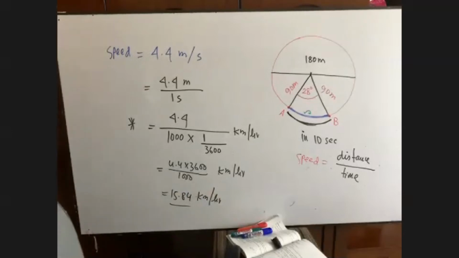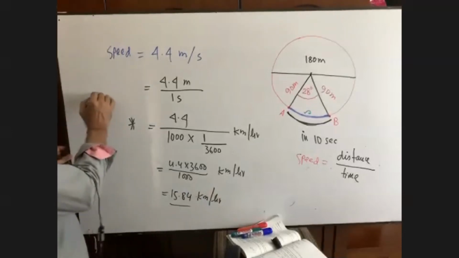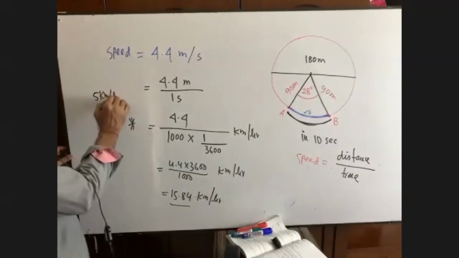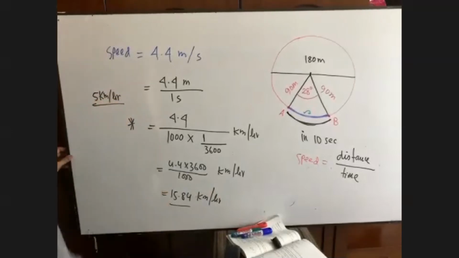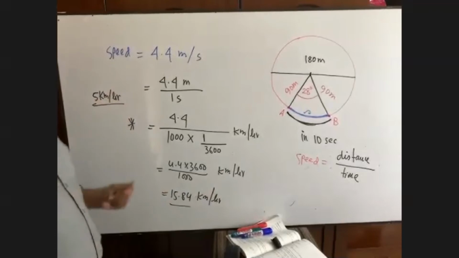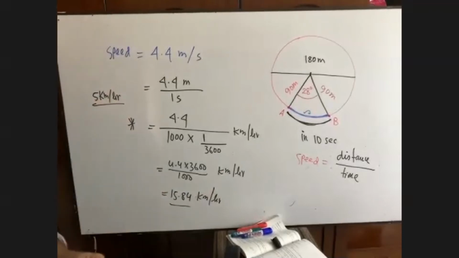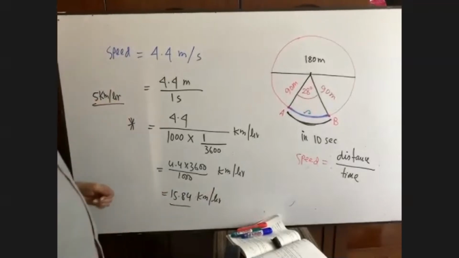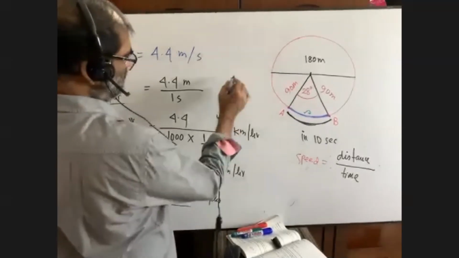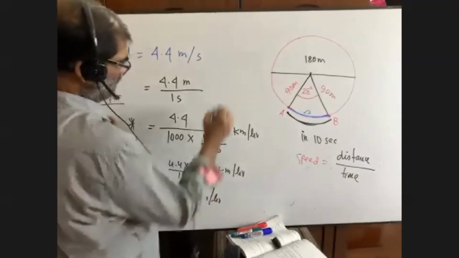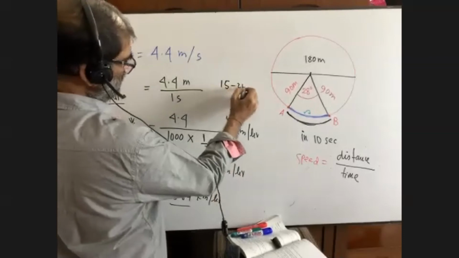What is the normal walking speed? It would be 5 km per hour. That is the cycling speed, and for a rickshaw, the speed is not maximum 20, but lies between 15 to 20 km per hour.